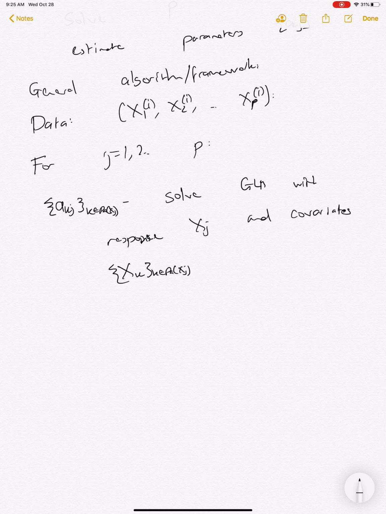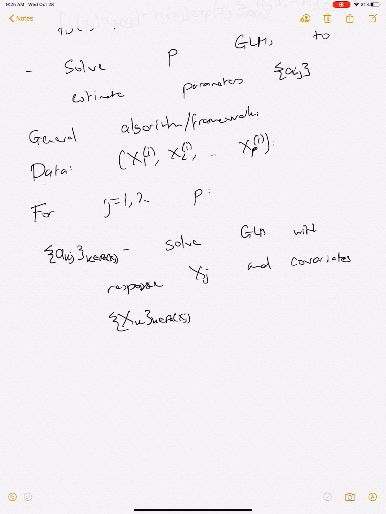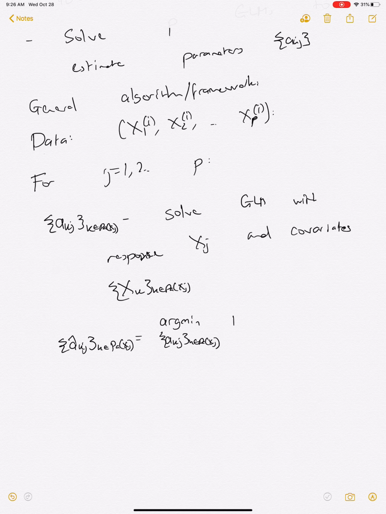Okay, and so remember that that just means that, this is where the knowledge of module 2 is going to be really important, then that's going to be the arg min of akj, k in parents of xj, and then we just write the objective for the GLM.